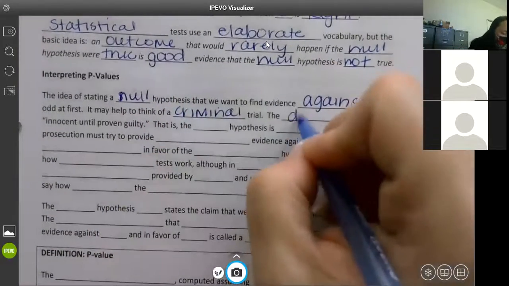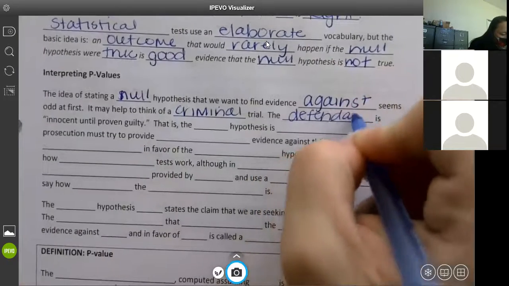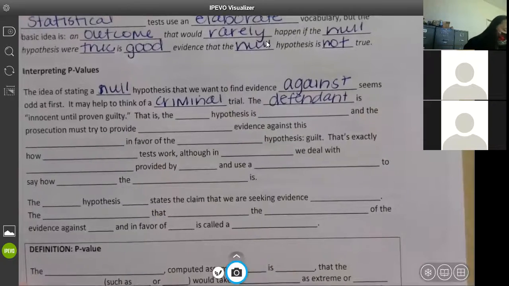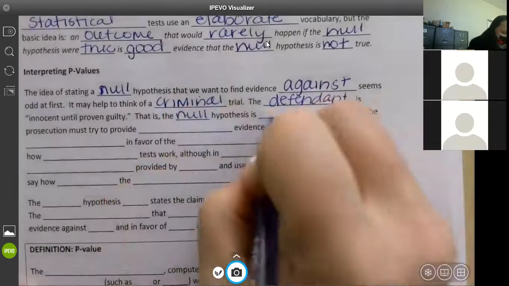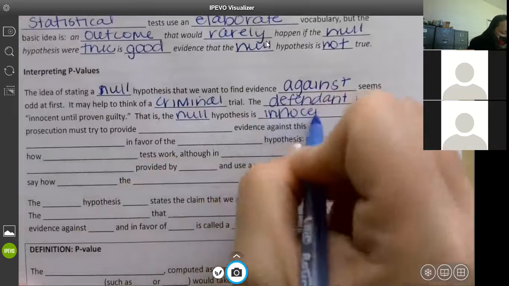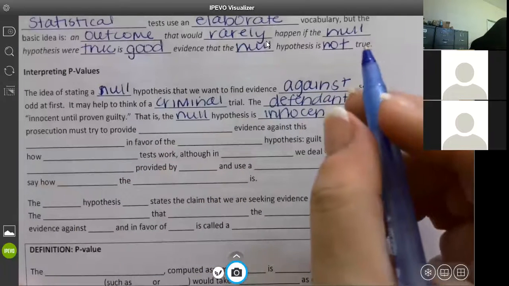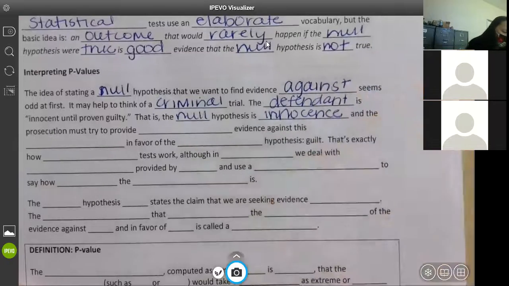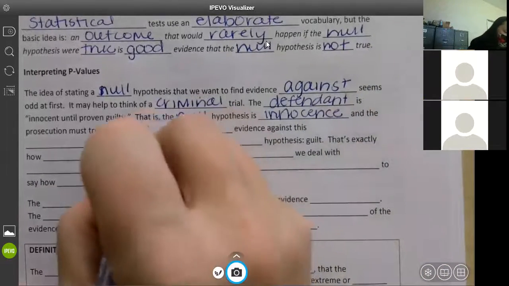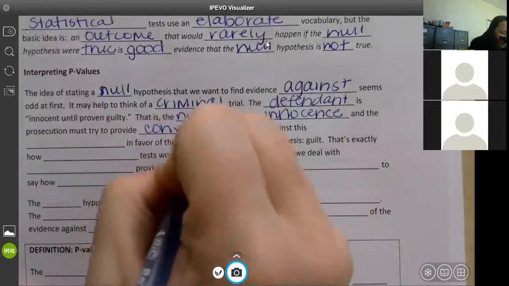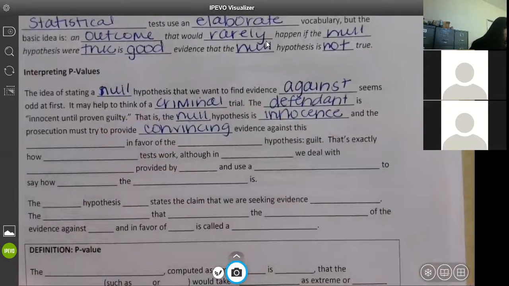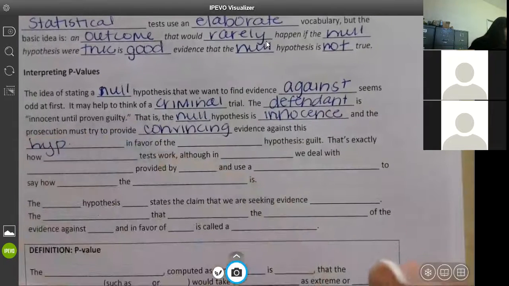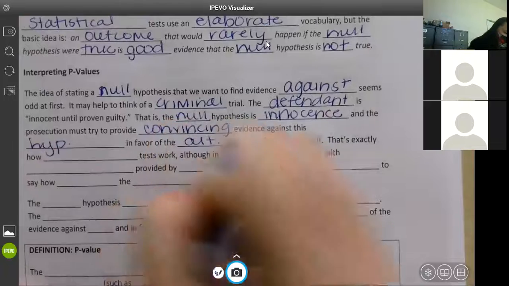The defendant is innocent until proven guilty. That is, the null hypothesis is innocence, and the prosecution must try to provide convincing evidence against this hypothesis in favor of the alternative of guilt.